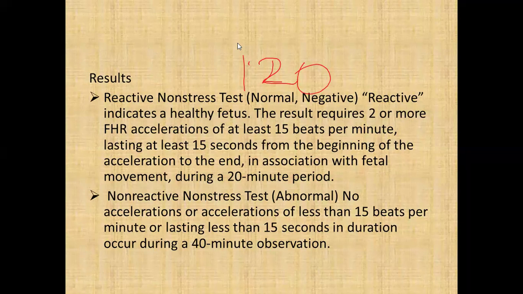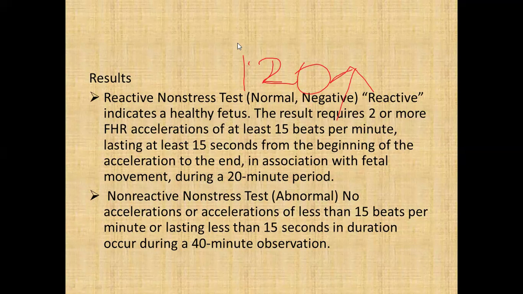That is the baseline fetal heart rate before the procedure. For a normal or reactive non-stress test, we want to see an acceleration, that is, an increase in the fetal heart rate of at least 15 beats per minute, lasting at least 15 seconds before it returns to the baseline.